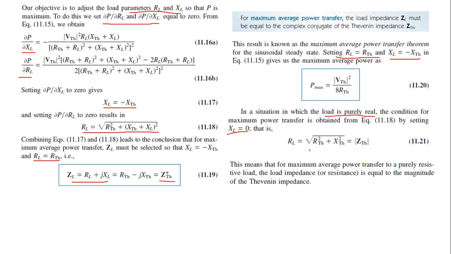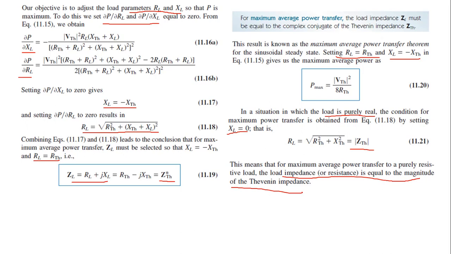So RL will be equal to root of RTH square plus XTH square, which is equal to the magnitude of Z Thevenin alone. So load resistance is equal to only the magnitude of Thevenin's impedance.